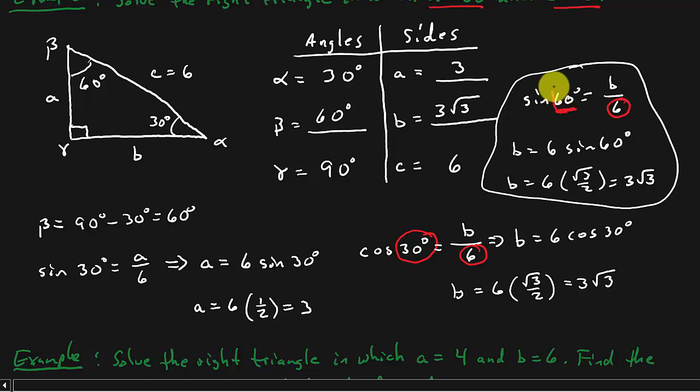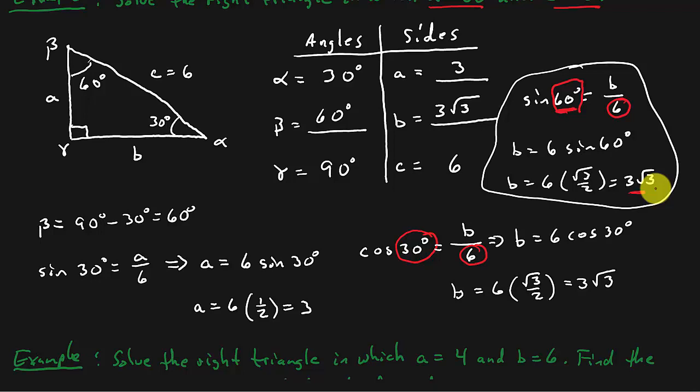What if I would have calculated this wrong? What if I would have made an error? Well, then that means this answer would have been wrong also. So what I tell my students: use the given information.